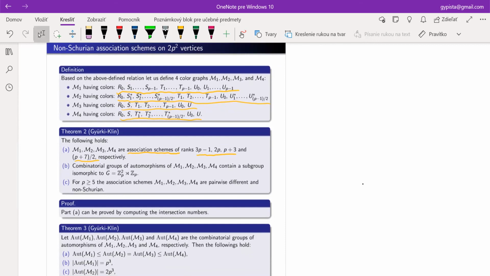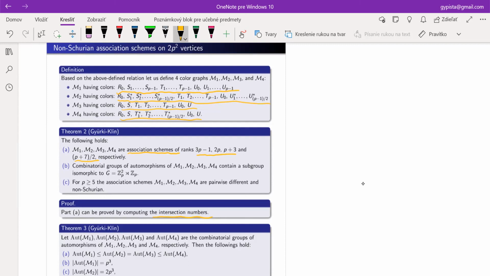So first of all, we would like to show that these are really association schemes, and this can be done using the computation of intersection numbers. Since we have a precise picture of how the affine plane looks and how the relations are defined, we can compute everything just using this information. So after computing the intersection numbers, we can see that these things are really association schemes.